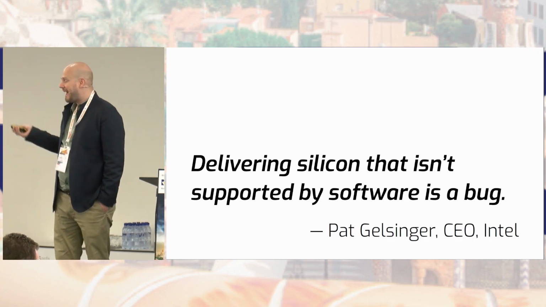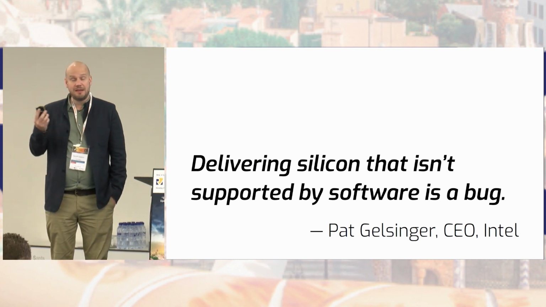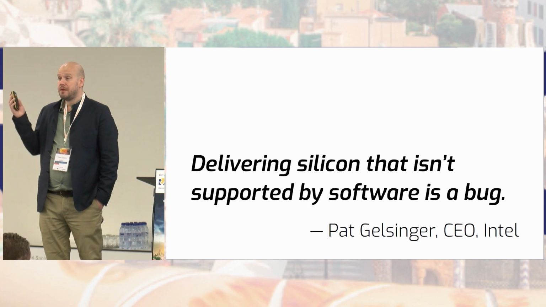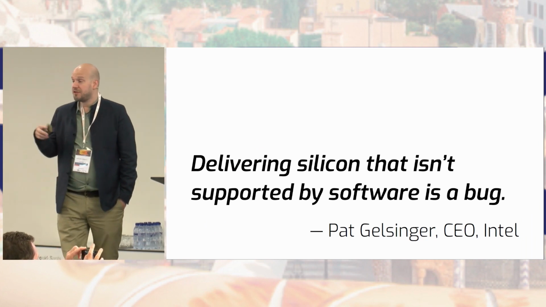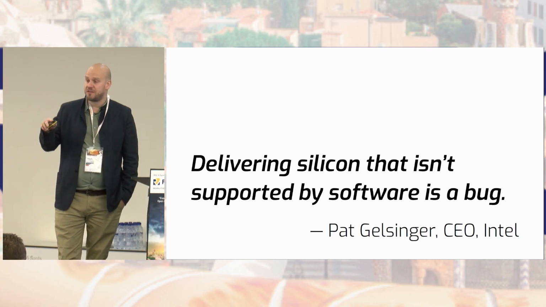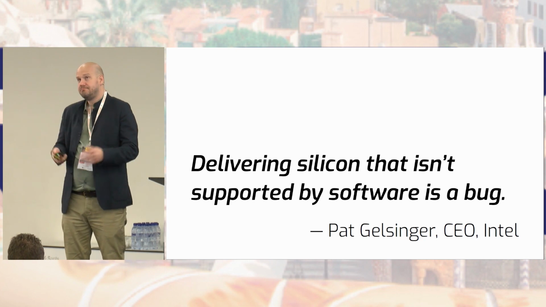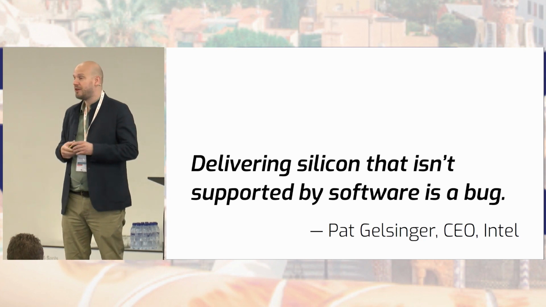So I frequently open all my talks with a quote from Pat Gelsinger. He is frequently quoted to say, delivering silicon that is not supported by software is a bug. So this focuses a lot on the enablement challenge. You're getting software out there, but your compiler doesn't fully recognize all your instructions.